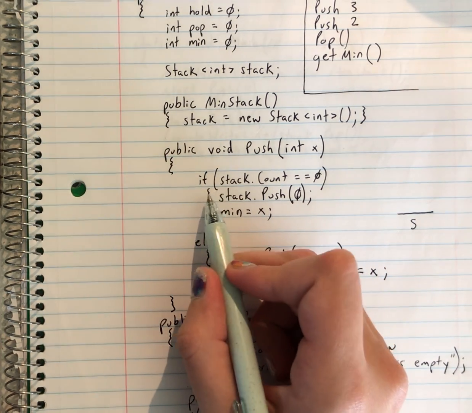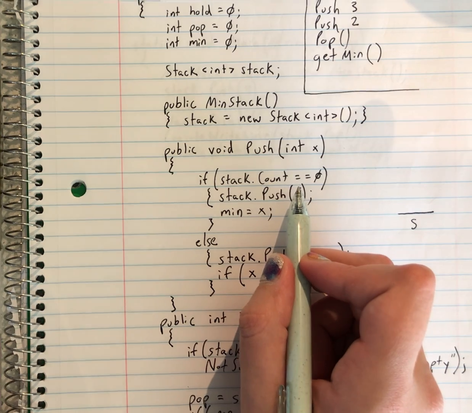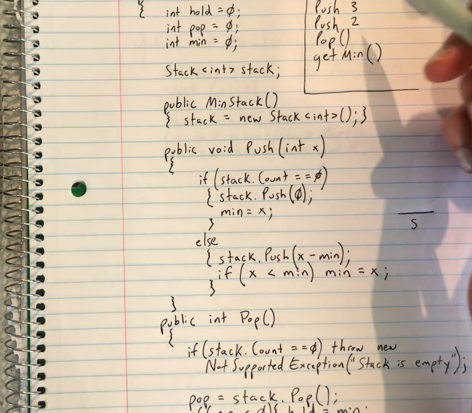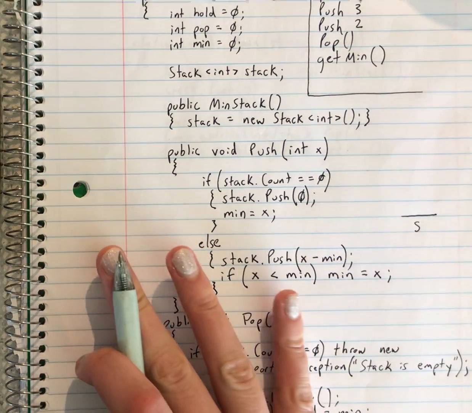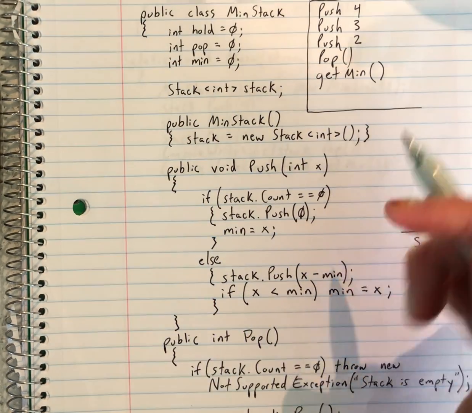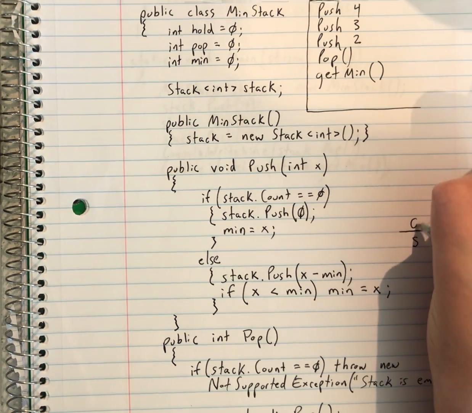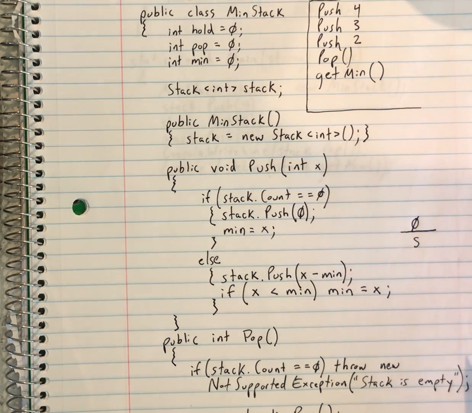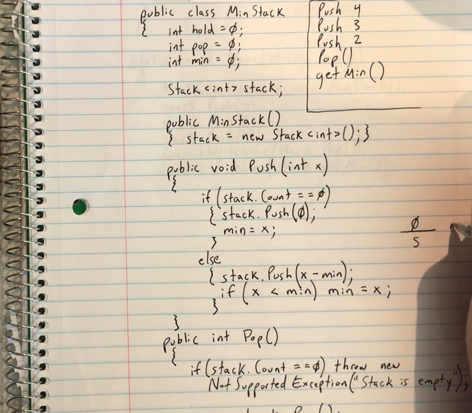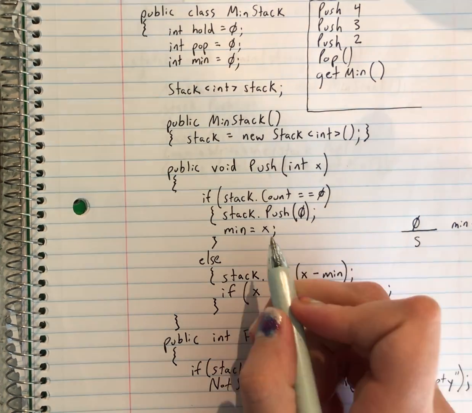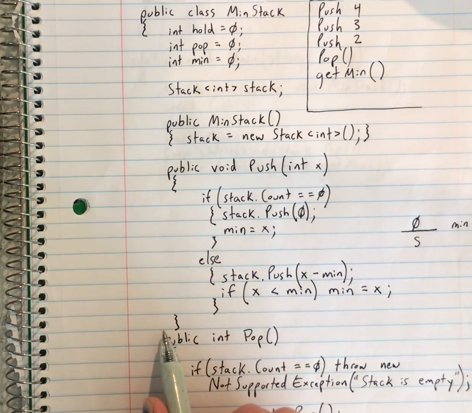If stack.count is 0, which right now it is, there's nothing in our stack, we're pushing 0 into the stack and setting the min as 4. And that's all we do.